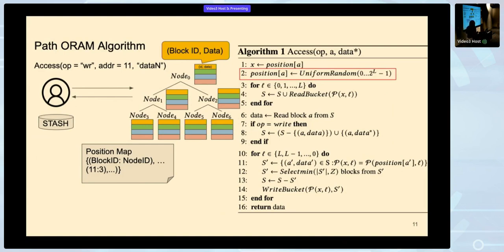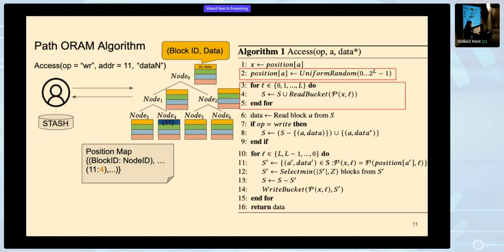And this new node is drawn from a uniform distribution. Then we update the position map here from 3 to 4. That's the new node, where it's supposed to map. Then it should look like that in the next screenshot of the tree.